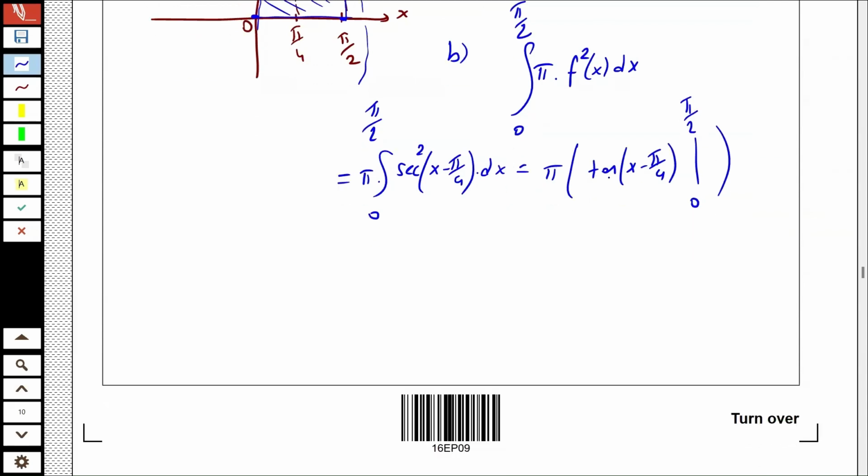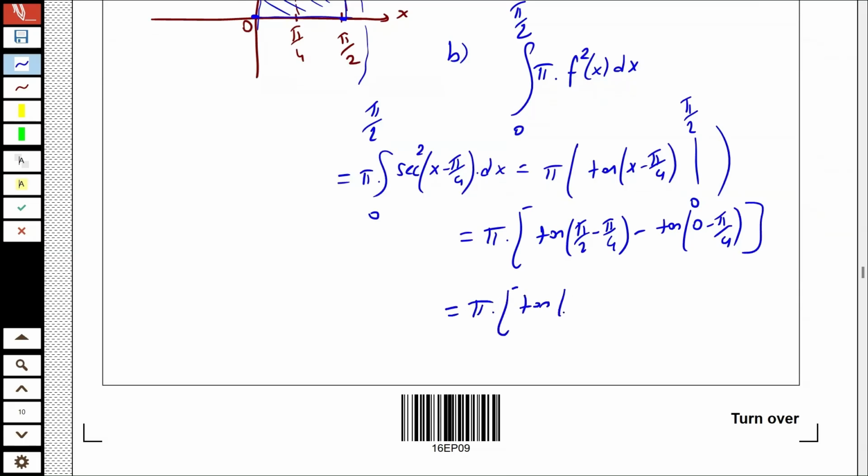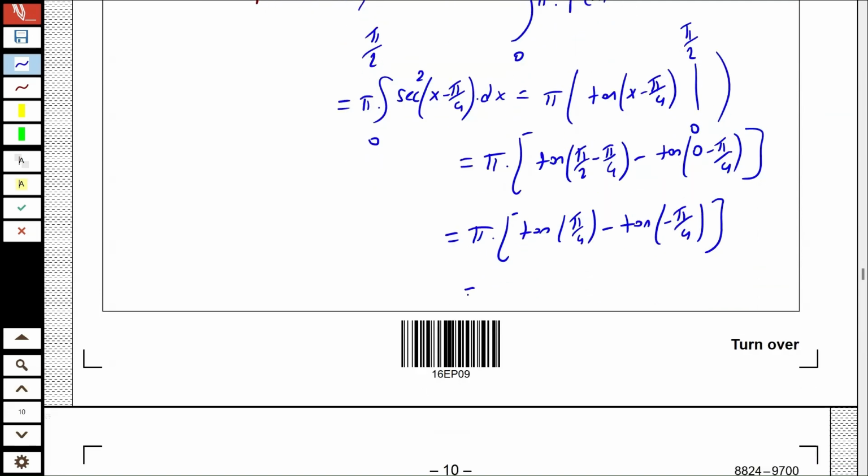We substitute these values: pi times tangent of pi over 2 minus pi over 4, minus tangent of 0 minus pi over 4. So this is pi times tangent pi over 4, which is 1, minus tangent of minus pi over 4, which is minus 1, equals 2 pi.